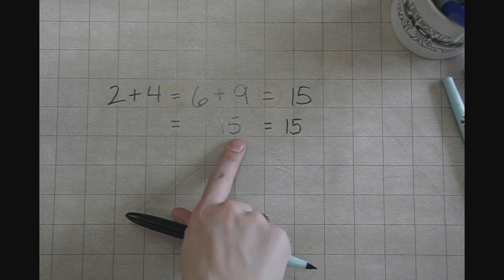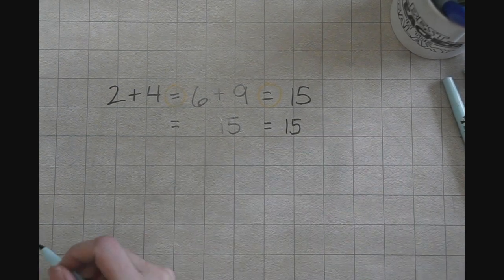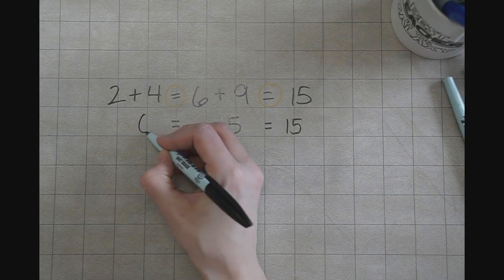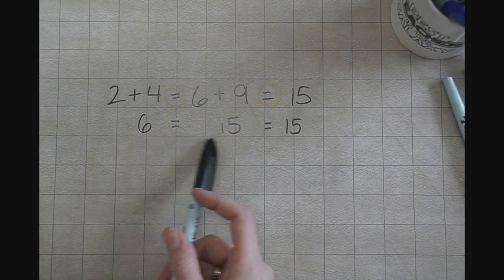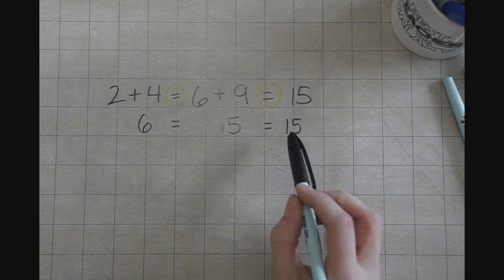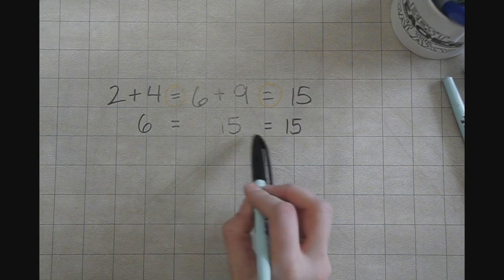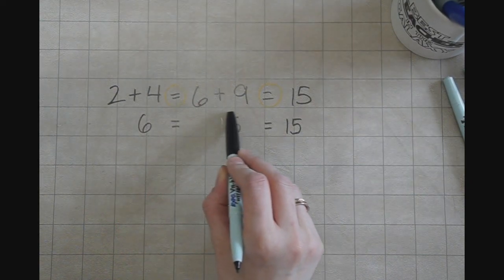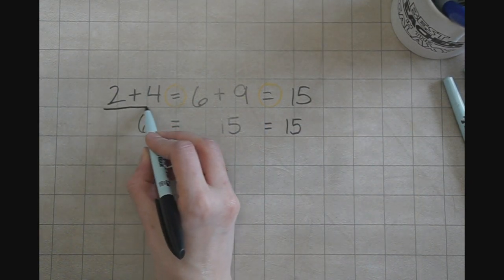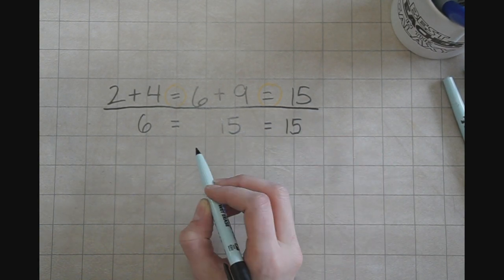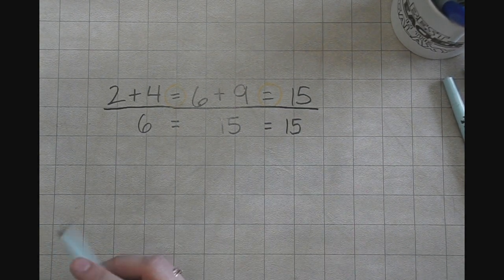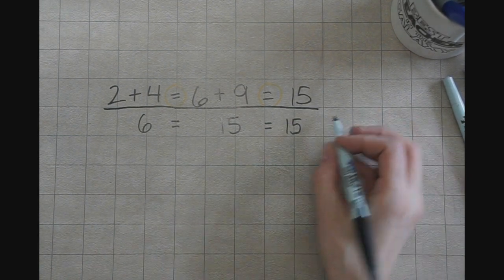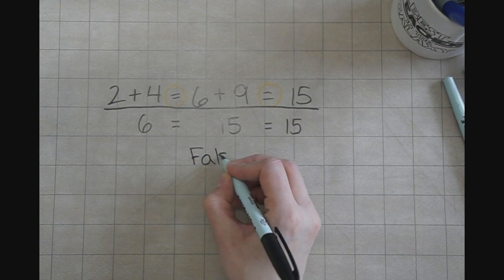They all have to balance for this equation to be true. 2 plus 4. Uh-oh, that's only 6. This is not a true equation. These two are equivalent, but they are not equivalent to 6. And when it's all written together in one big long string of equal signs, every chunk has to be equivalent. They all have to be the same and balanced. So this one is false.